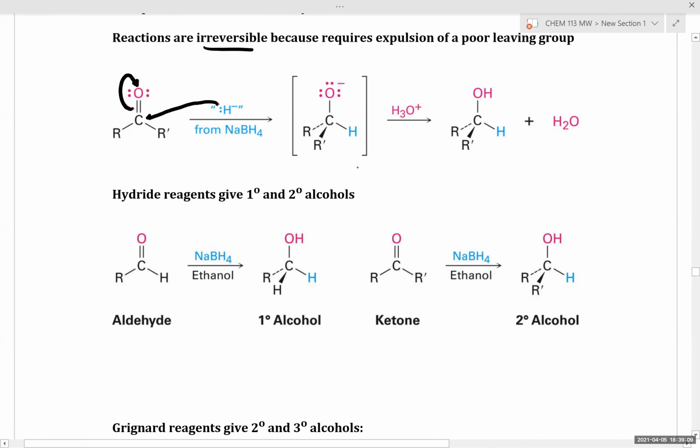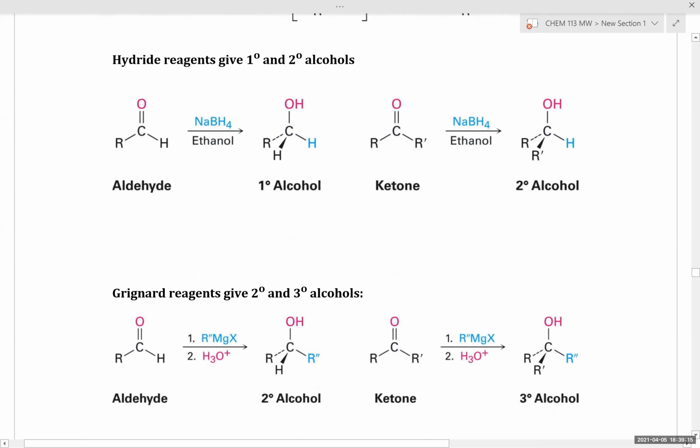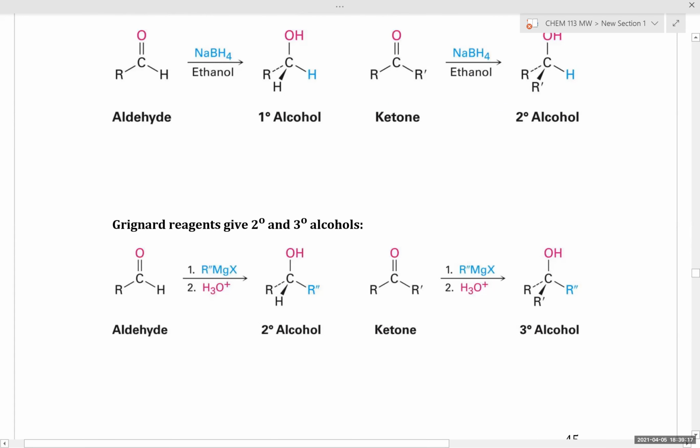That gives us an alkoxide ion, which is then protonated during the quench. If you use a Grignard reagent, we get a secondary and tertiary alcohol. Generally, you don't see appreciable stereocontrol, and the rules for predicting the stereochemical outcome of these additions are saved for upper division organic courses.